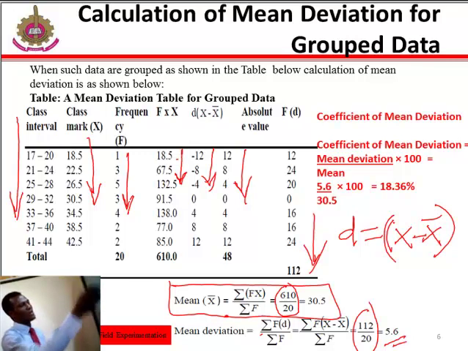Now our mean deviation has been calculated to be 5.6. You substitute it, and the mean has been calculated to be 30.5. Then you multiply it by 100. So at the end of everything, you have it as 18.36%.